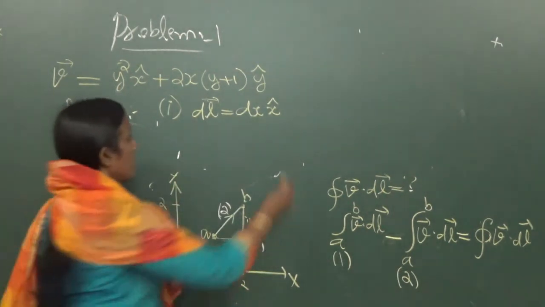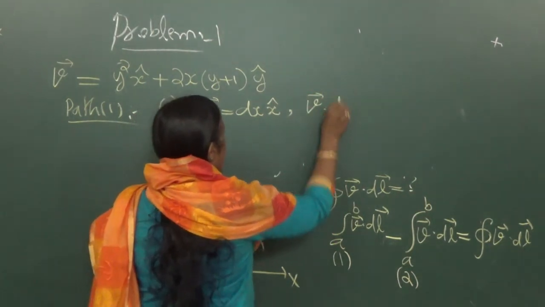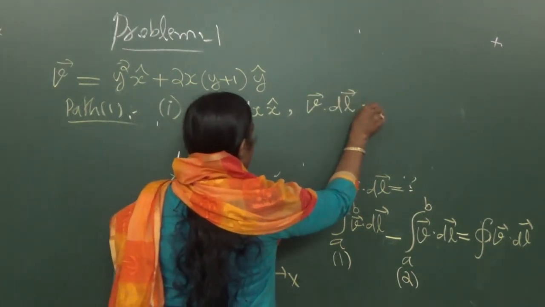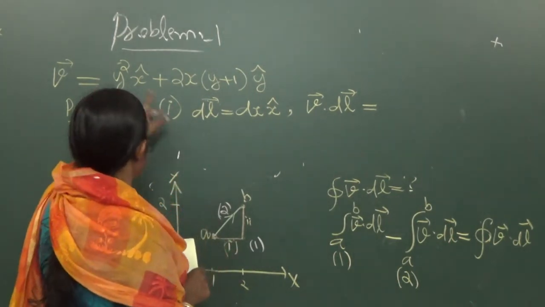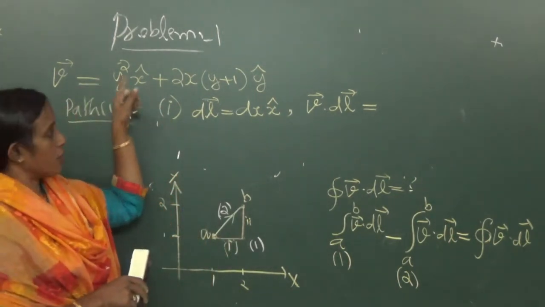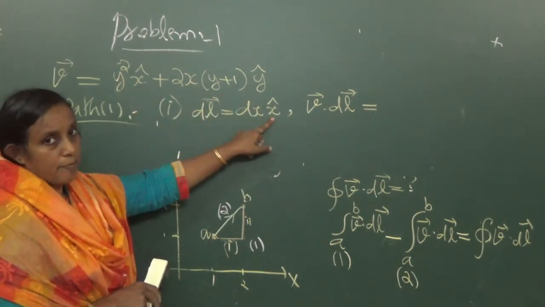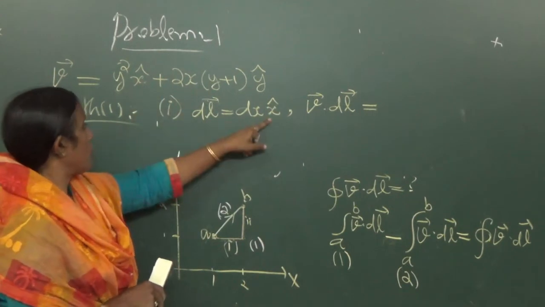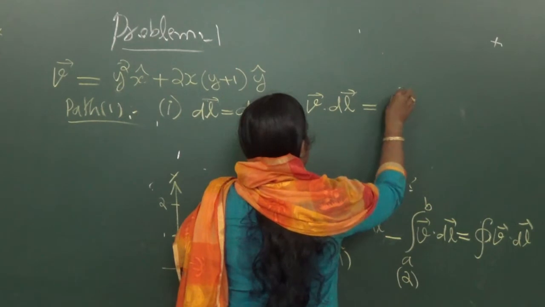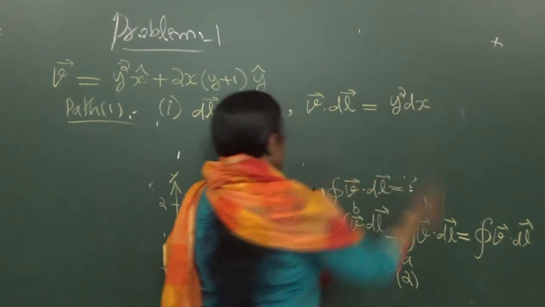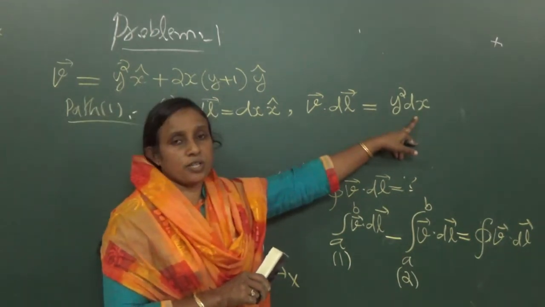So along this one, dl is given by dx x cap. What is v dot dl? Since dl is along x cap, taking the dot product we have only the x components, so you get y square dx. v dot dl equals y square dx.